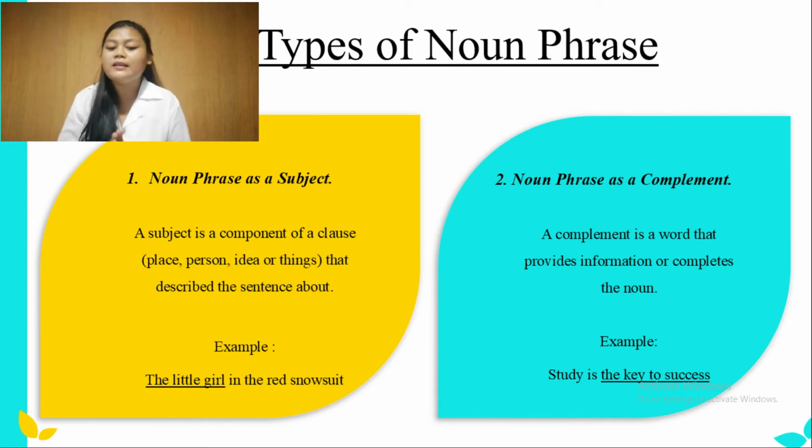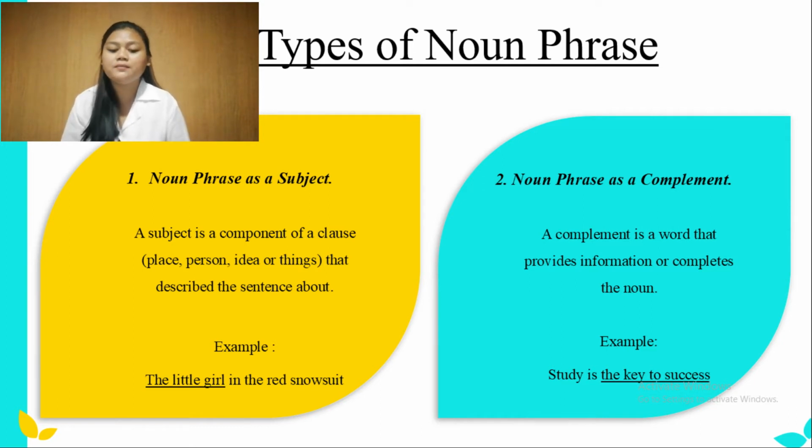Well, the next type of noun phrase is noun phrase as a complement. As we know, a complement is a word that provides information or completes the noun, and complements follow verbs like will, is, were, was, and are.